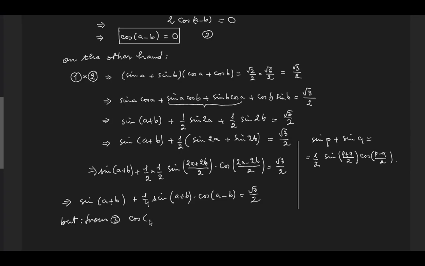Let's not forget that one. Hence, sine a plus b equals exactly square root of 3 over 2, because the product here is equal to 0, since cosine a minus b is equal to 0. Thank you very much. This will end our proof here.